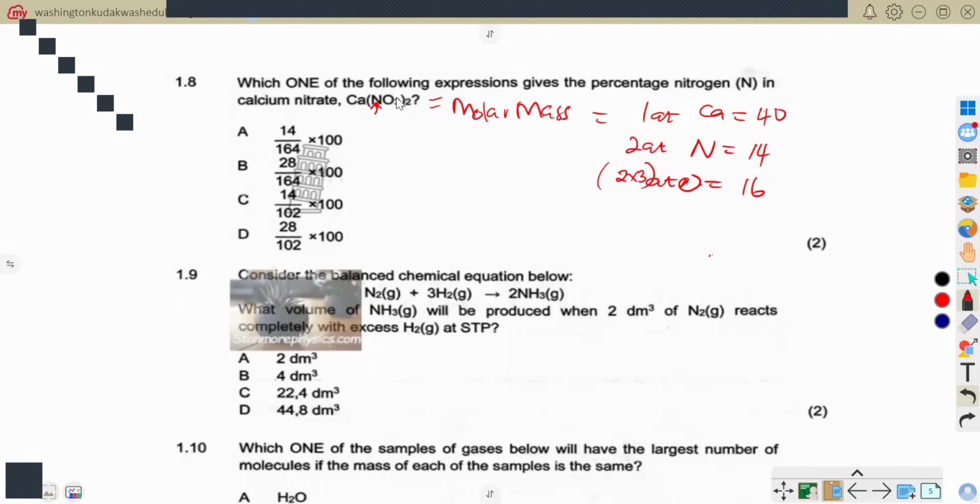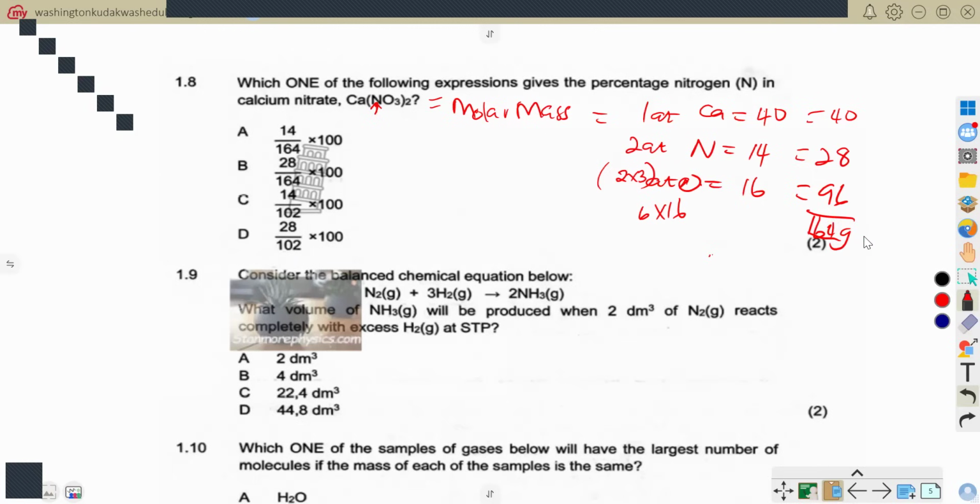So when you're now calculating the total molar mass, you would say 1 times 40, which equals 40, plus 2 times 14, because there are 2 atoms of nitrogen in this compound, that will be equal to 28. And then you would say 6 times 16 for our oxygen. If you say 6 times 16, you are going to get 96. After getting 96, we need to find the total molar mass of everything. So we will add everything there. By adding everything, we're supposed to get 164.